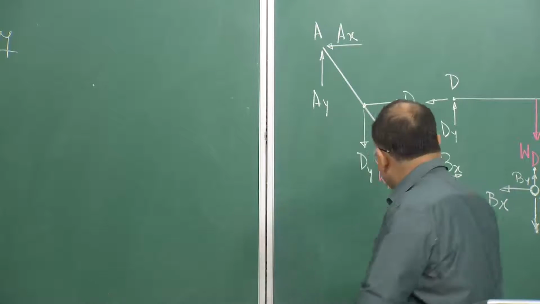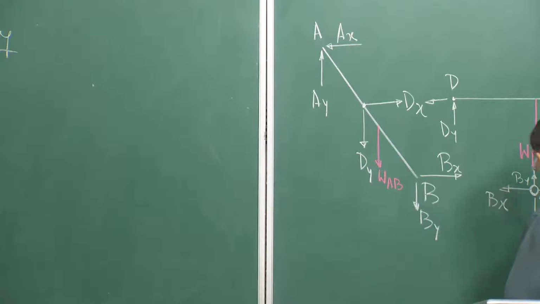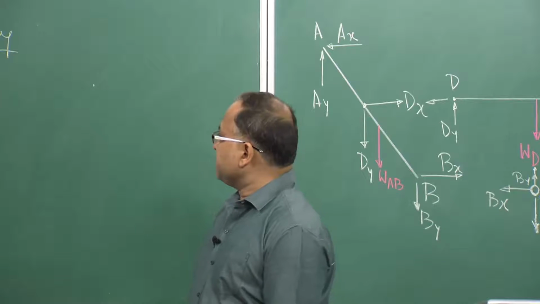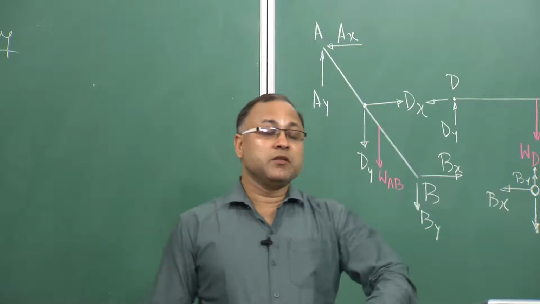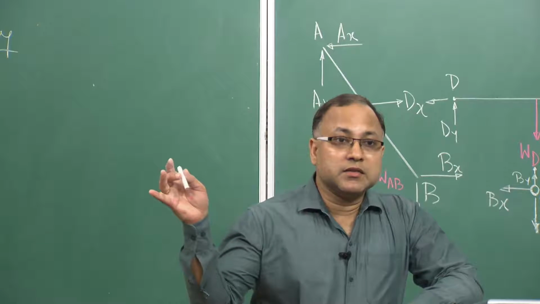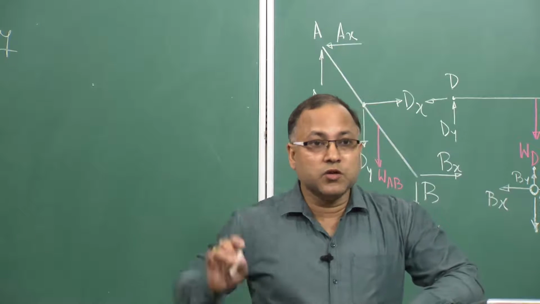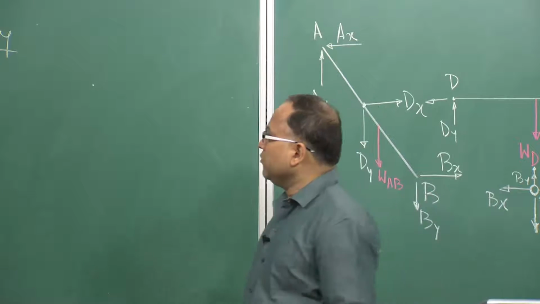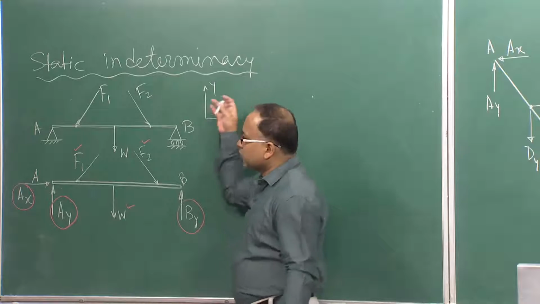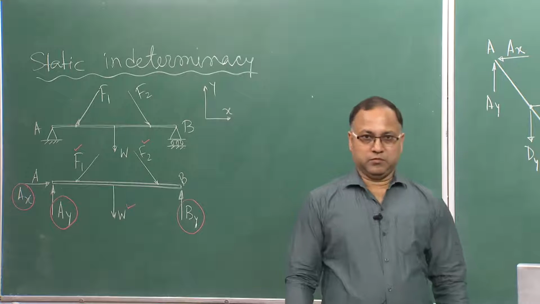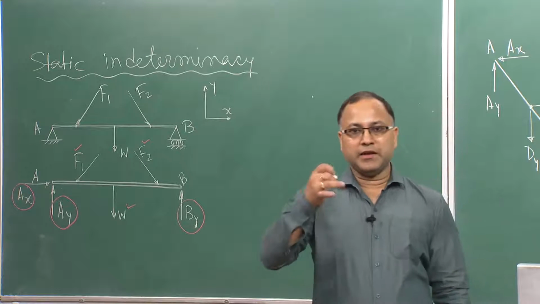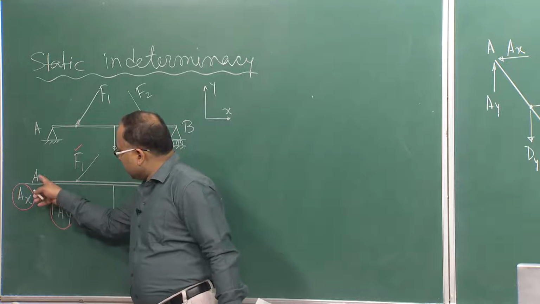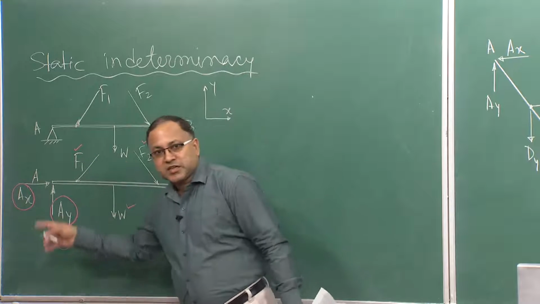Now, if you recall your discussion on the equations of equilibrium, what were the equations of equilibrium? That is, resultant of force must be 0, resultant of moment must be 0. Now, if you think of the structure in xy plane, then basically this structure will be a planar structure.